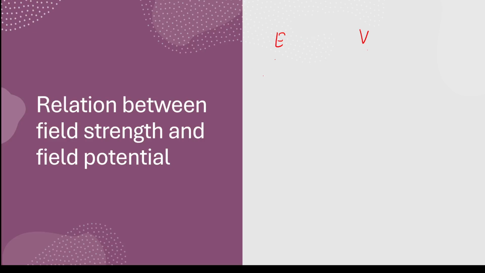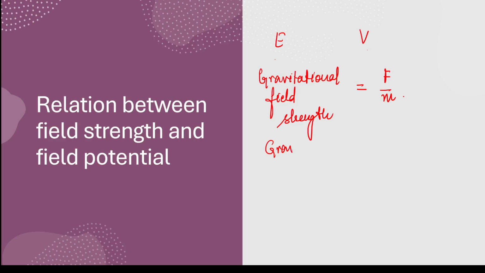So gravitational field strength is force over mass, okay, and gravitational potential is potential energy over mass, or potential energy can also be written as work done over mass.